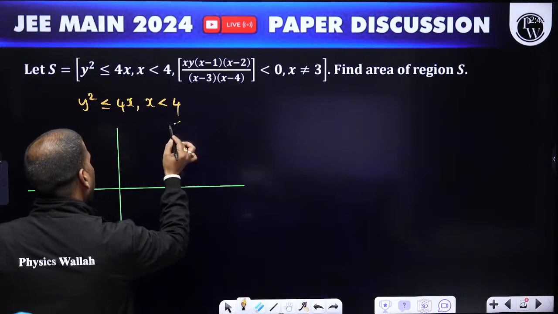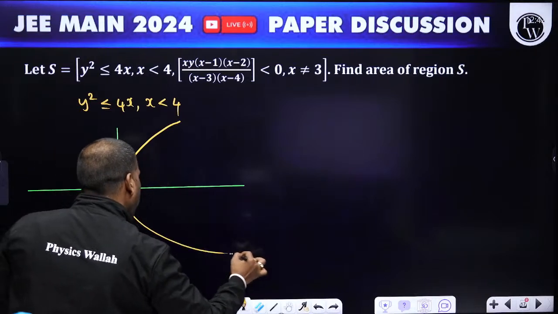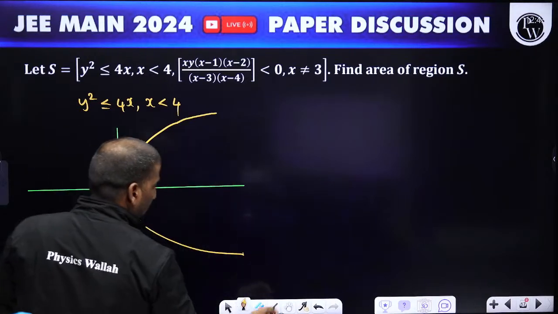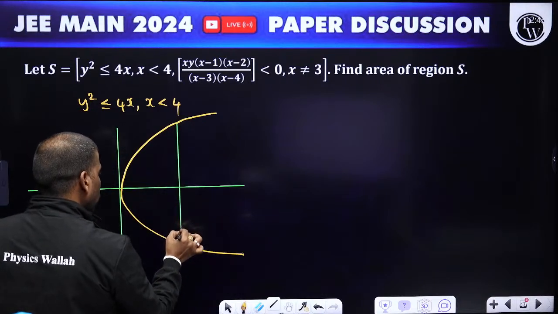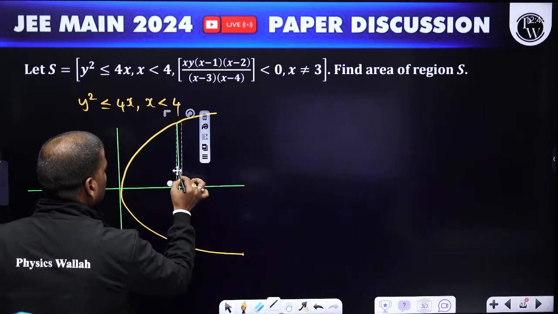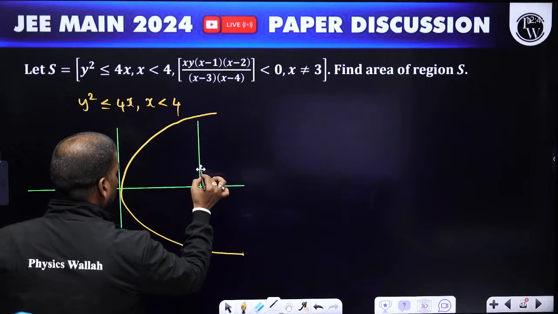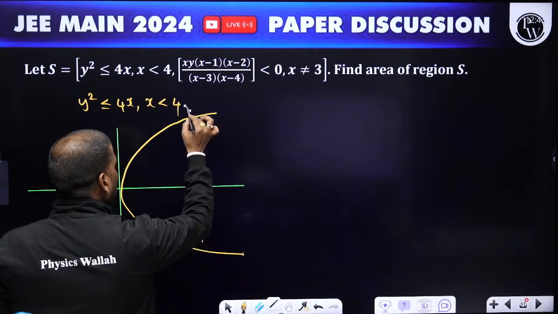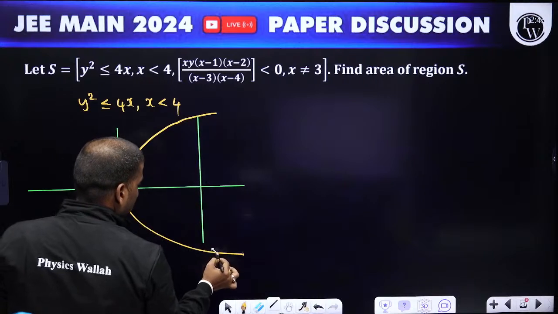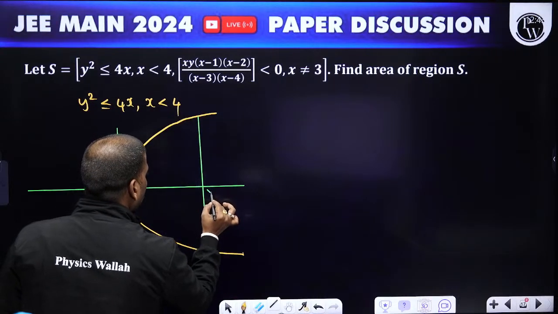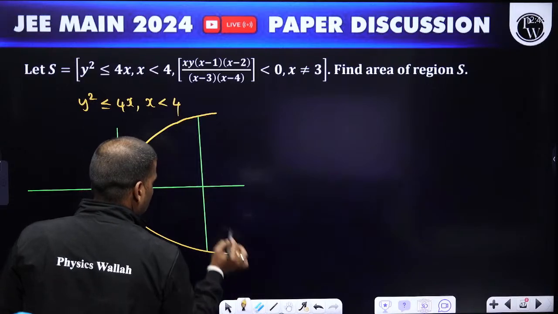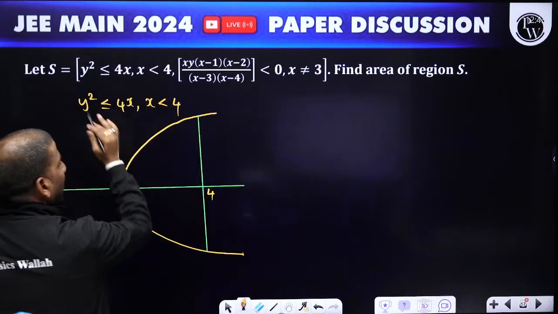After that, we have a line here, so this is nothing but x = 4. Inside this is the region.